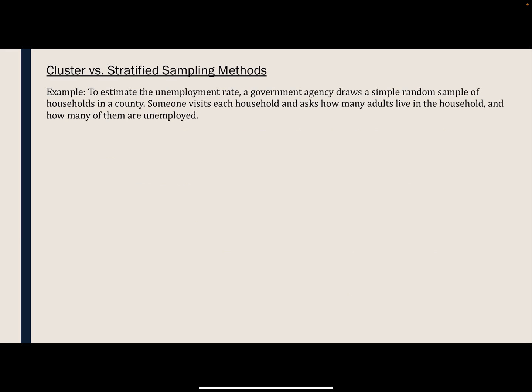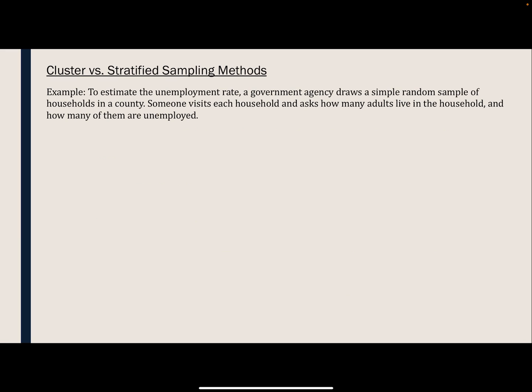So the question is, is this a cluster sampling method or a stratified sampling method? I want you to think about what the groups are, how the groups are being chosen, and how the groups are being sampled, and then decide if it's a cluster or stratified. Remember that with a cluster sample, you have naturally occurring representative groups.